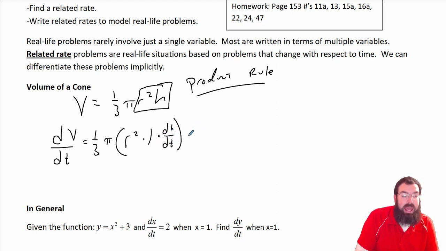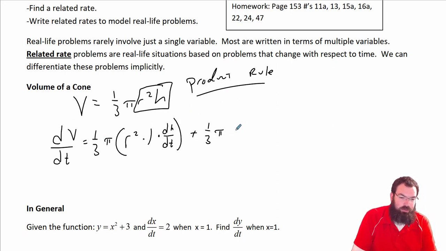Then I'm going to add 1/3 pi in there, because technically this 1/3 pi I can redistribute through, times the derivative of r squared, which is 2r.